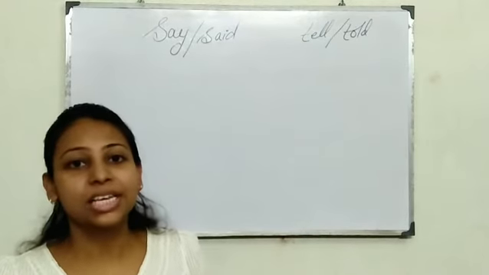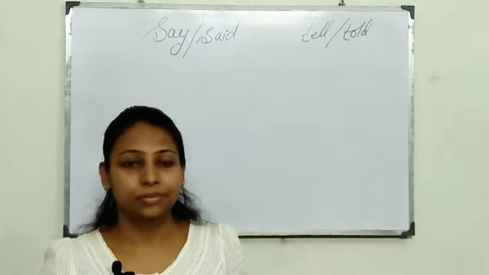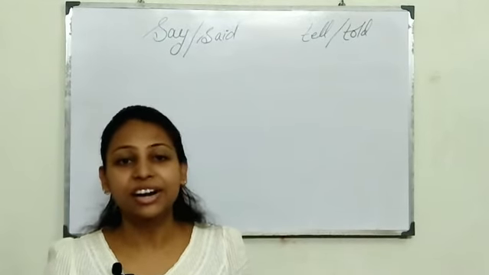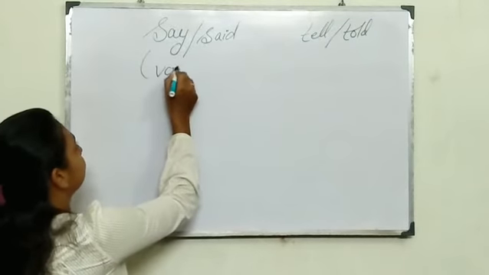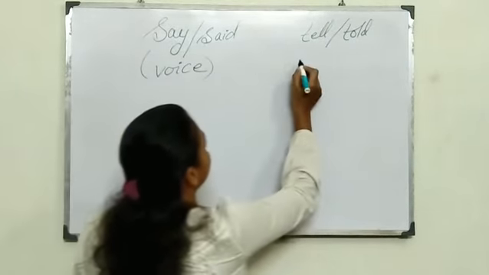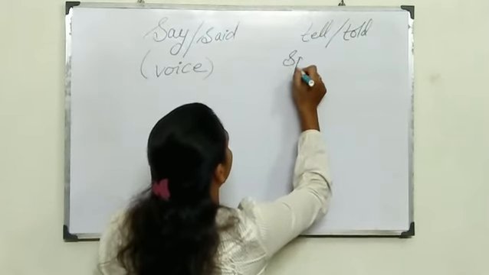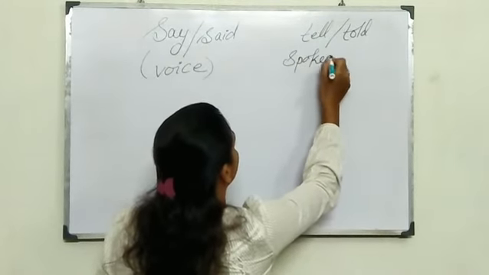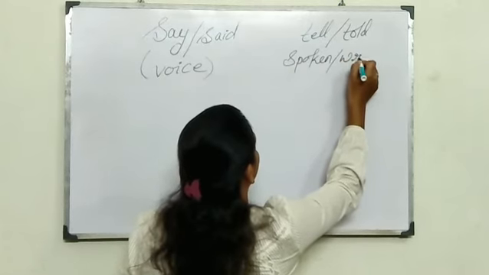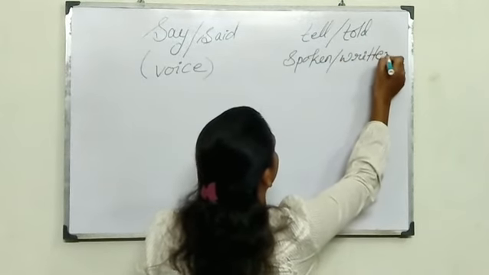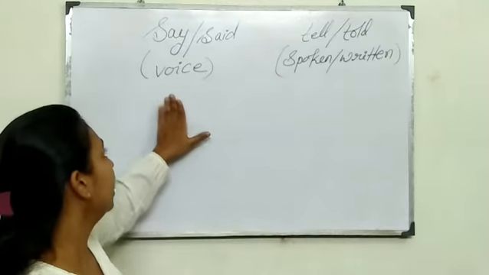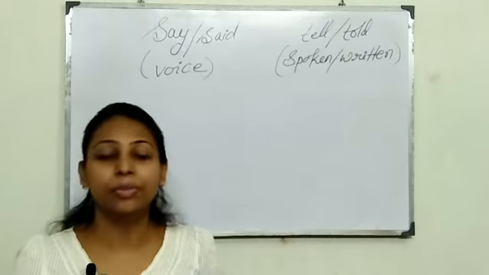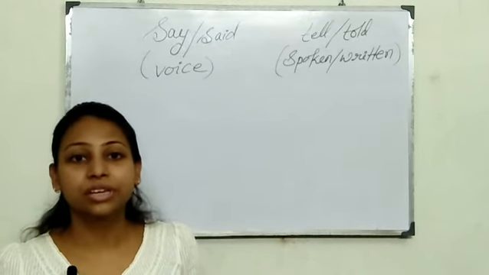Now, say basically refers to the use of voice, and tell refers to the use of spoken or written form to express something in words. So the basic difference between say and tell is that say is used when we do not want to mention the receiver of the information.